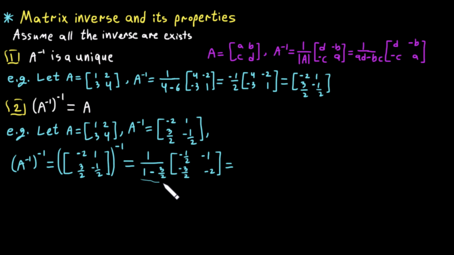Here, this one, it will be -1/2. And we know if we have in the denominator -1/2, the 2 will go up. And here we have negative, so it will be here negative. And this, it will go up, it will be 2. Then I have to write this matrix.